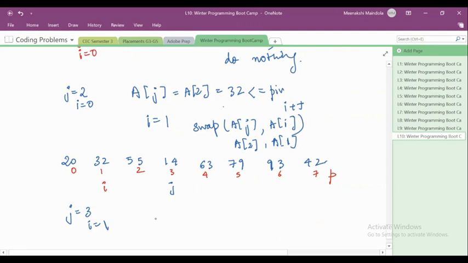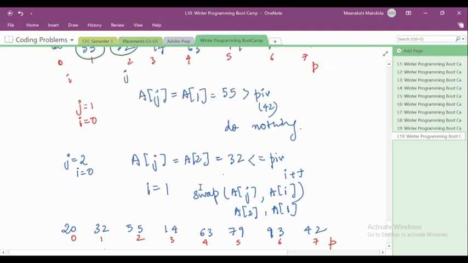Again, we compare a of j, which means a of 3, which is equal to 14, with the pivot element. So we compare 14 and this value 42. We say that a of j is less than the pivot element, which is 42, right?